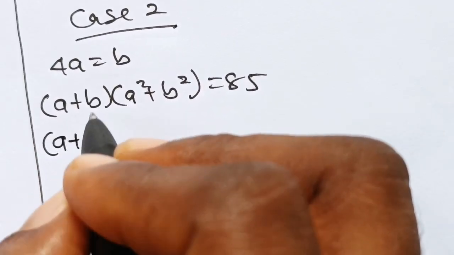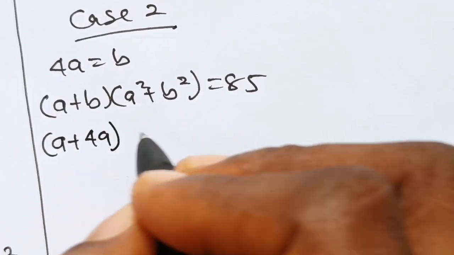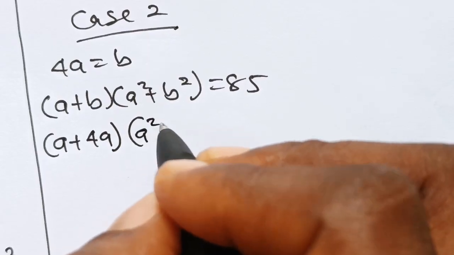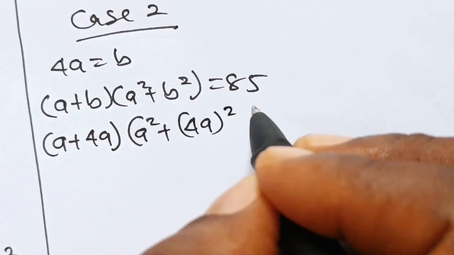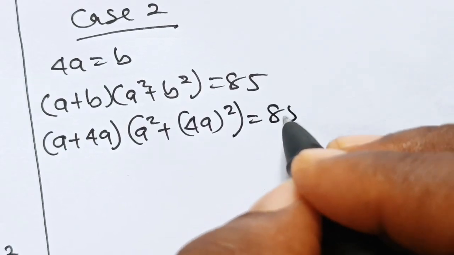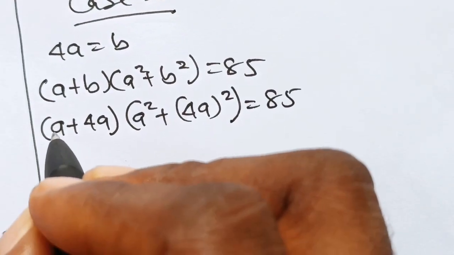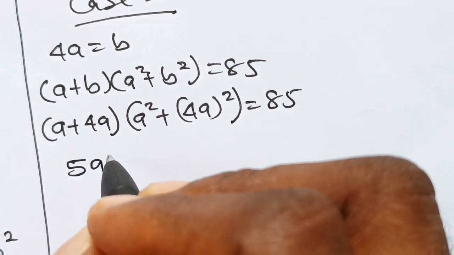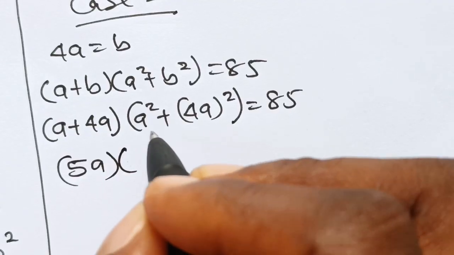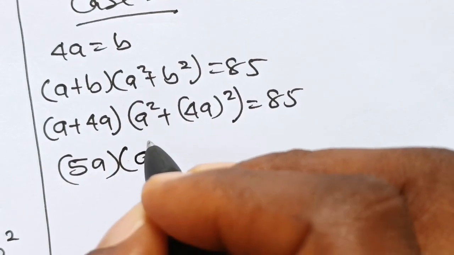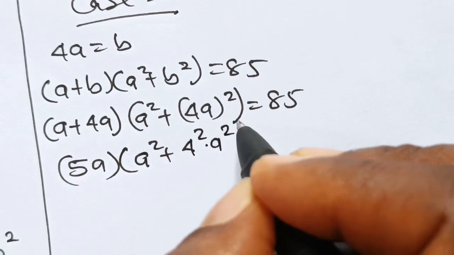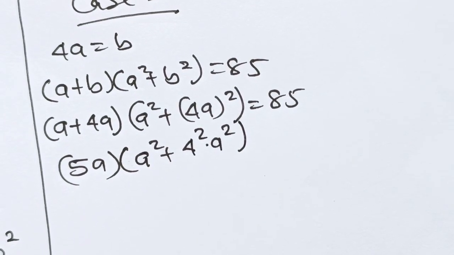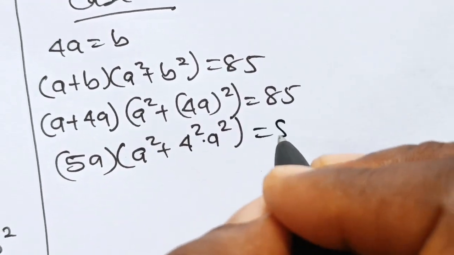So we have a plus b is 5a. Then a² plus (4a)² is equal to 85. So 5a multiplied by (a² + 16a²) is equal to 85.